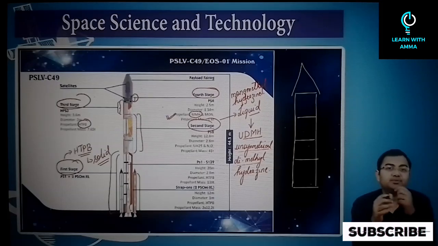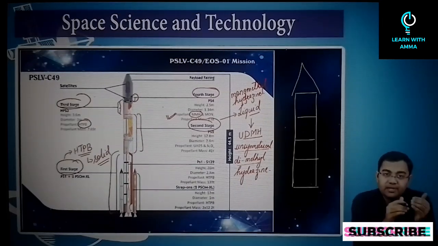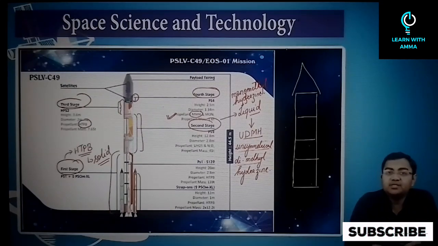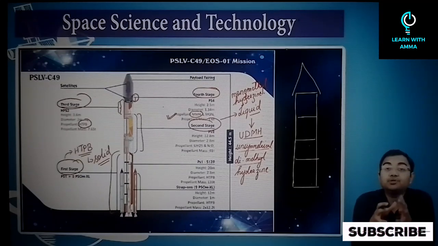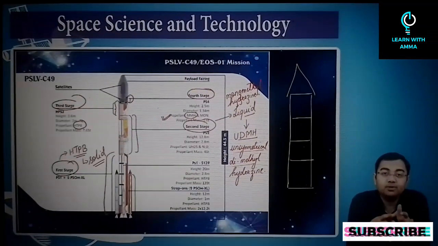Now the question comes, why are we using this combination? Why start with the solid fuel and then go to the liquid fuel? What happens is, when you are on the surface of the earth, when this satellite is being launched, at this point of time the force of gravitation is very, very high. The gravity of the earth that the satellite launch vehicles come across is very high.